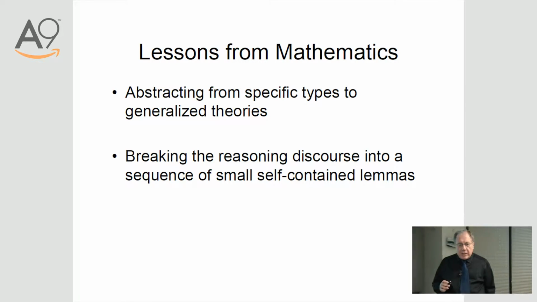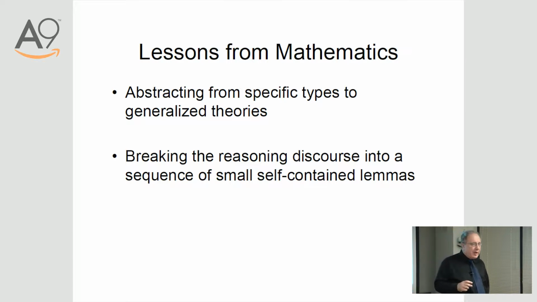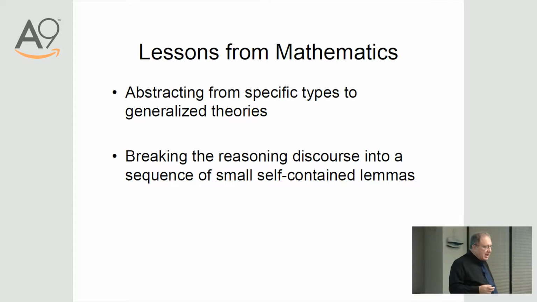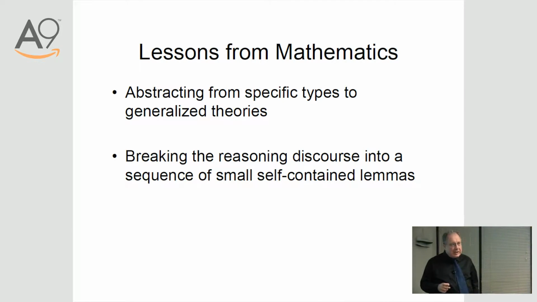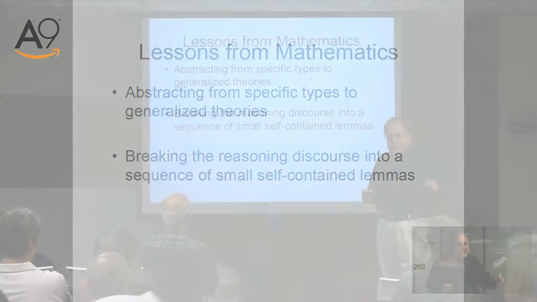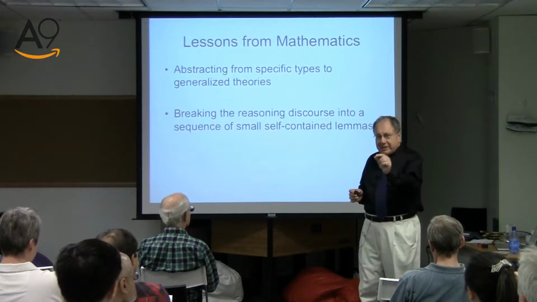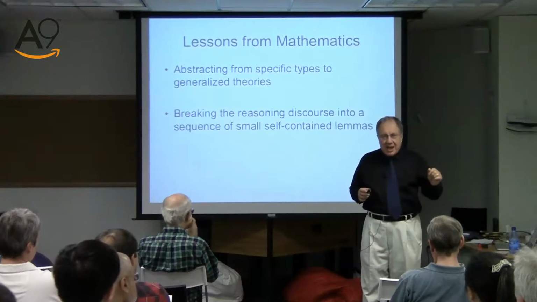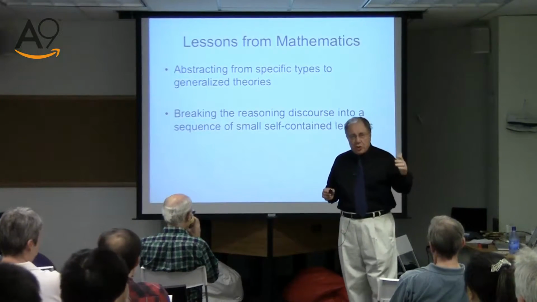But there is another point, and in some sense, the point of even greater significance. What we learn from mathematics, especially when we read good mathematics written by great mathematicians, is their ability to decompose the discourse, whatever they're describing, into a sequence of small lemmas. You seldom have something which goes on for pages and pages.